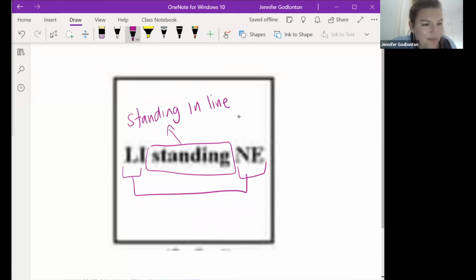So standing is literally inside line. But some of you were very close with standing in the and standing on. You were very, very close, just not 100%. Nice job. Cool. Okay, one last one, and then we're going to jump back up to proofs. I think you're going to find this one nice and easy.